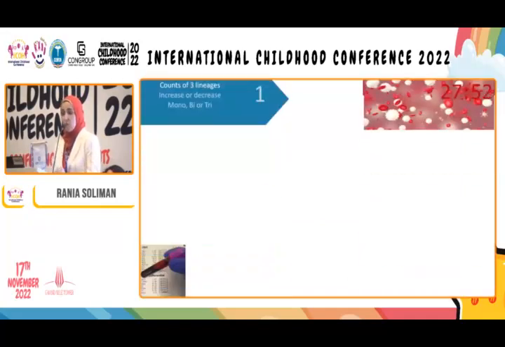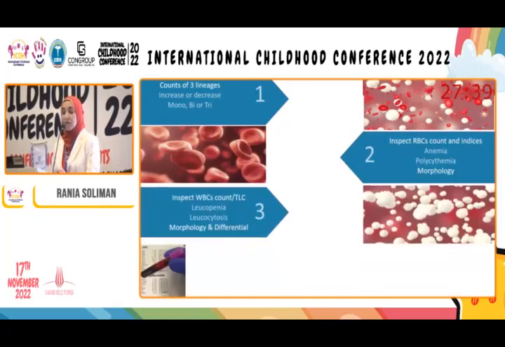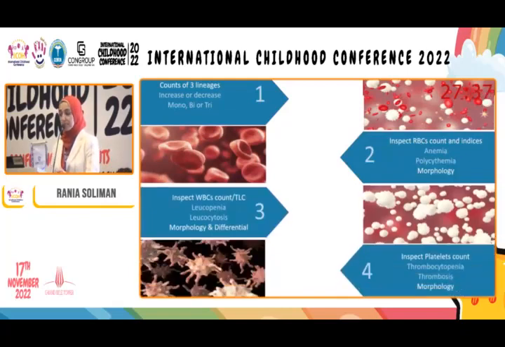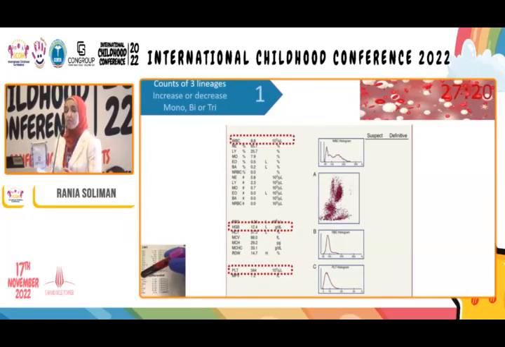Number one, you need to look at the counts of the three lineages, the RBCs, the white blood cells, the platelets all together. Then we will look at every single lineage on its own. So the first step is to look at the counts of the three lineages and to detect whether there is an increase or decrease in the numbers.